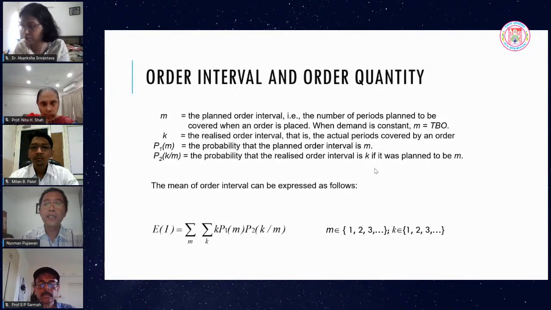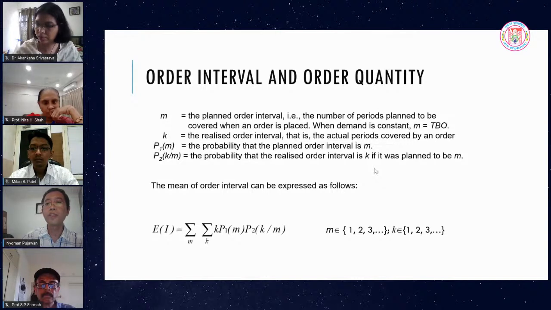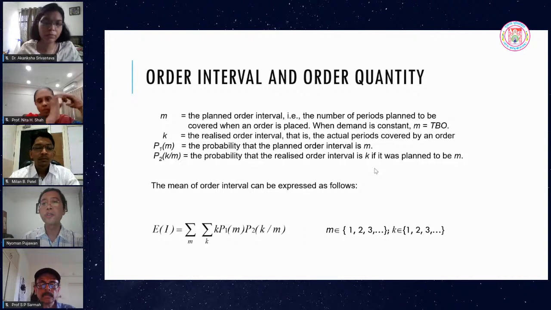Let's say in period 1, you are covering 3 periods of demand. Then by plan, you should have a new order in period 4. But because your demand is higher than what you predicted, you experience a shortage at the end of period 3 if you keep your original plan. So to avoid that kind of shortage, you have to move that order that was initially in period 4 to period 3.